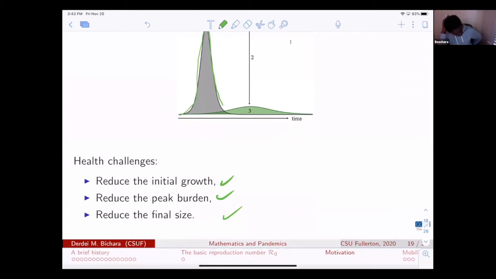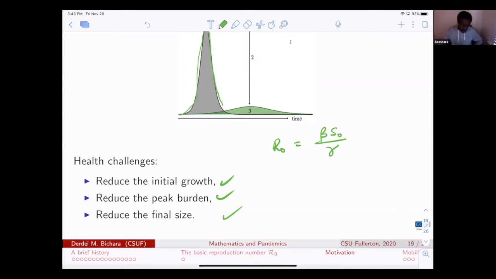All right. So these are some of the main challenges. But again, R naught is equal to beta S0 over gamma. In order to bring the peak down, S0 we cannot change. Gamma we cannot change.